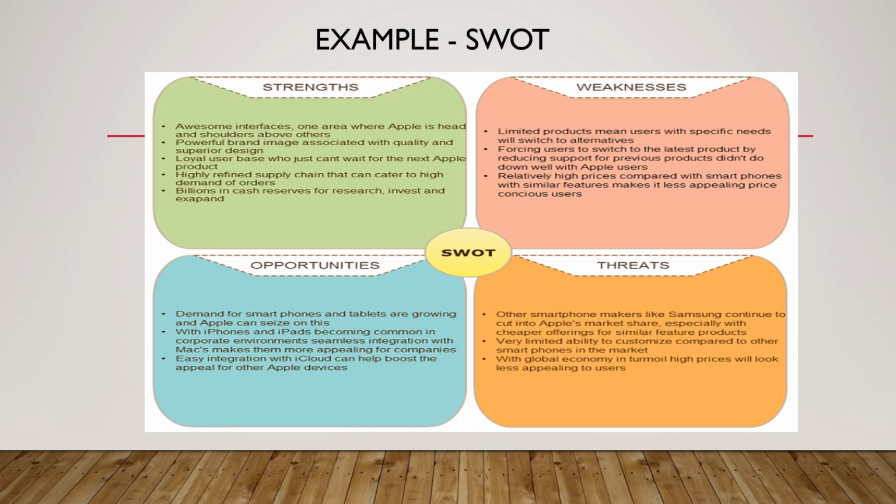So Apple has to find a way to address these situations. And lastly, with the global economic turmoil, due to the pandemic, the global economy was affected. As a result, everything has high prices, so it will be less appealing to customers.